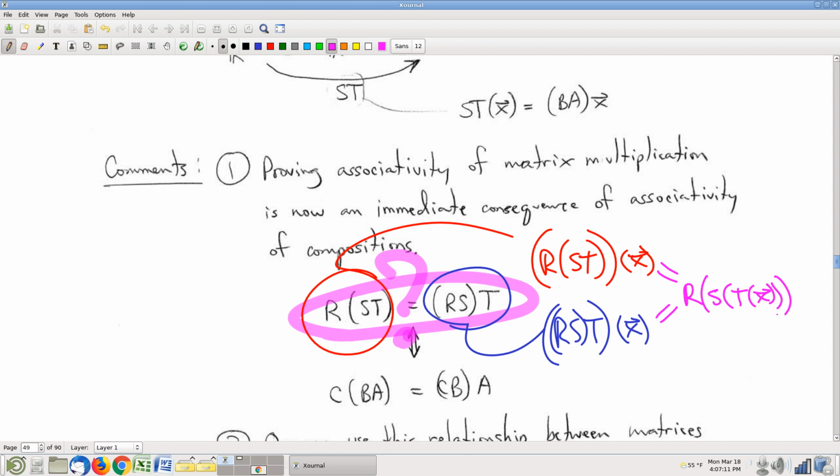I mean, it's just immediately clear that when you compose functions together, it doesn't matter where you put the parentheses. So I find that much more satisfying. I find that that's why this not only is true, that's why this should be true. Like I say, I'd rather give you this proof than make you wade through all that stuff in 1.2.